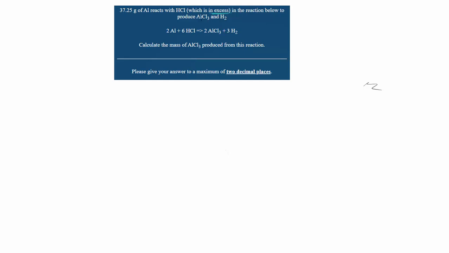So let's go through that process. The first thing I'm going to do, in order to make a comparison, is get an amount of substance, because I've got a mass but I don't have an amount of substance. I'm going to get it in the form of moles.